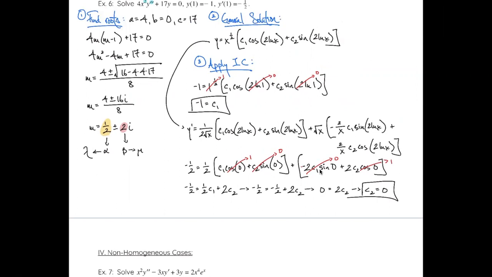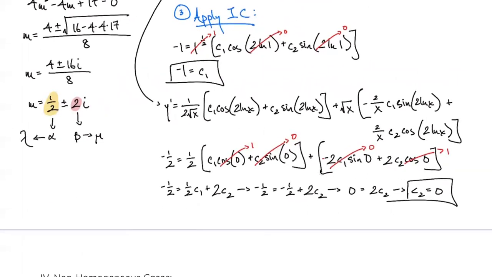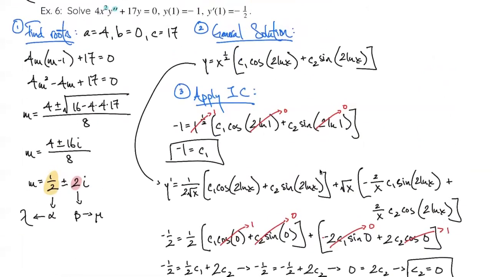And so let me go ahead and squeeze that right down here. We're going to get y equals x to the 1/2. We're only going to need the C1 term because C2 went to 0.